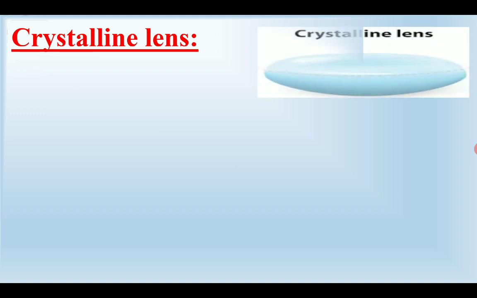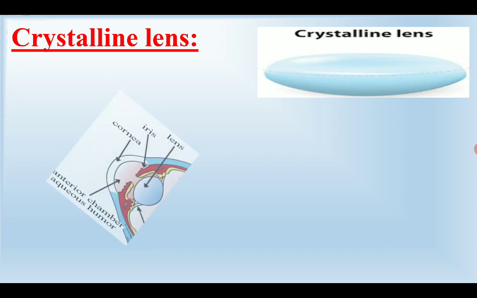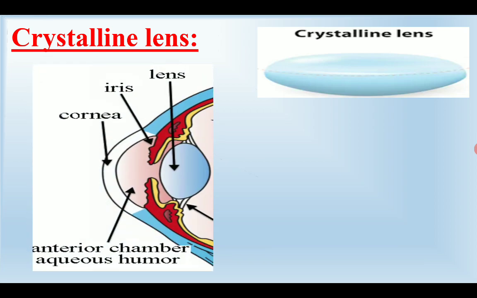You can see from this figure that the crystalline lens is similar to a biconvex lens. Now let us look at the structure again to understand the various parts we have discussed so far.